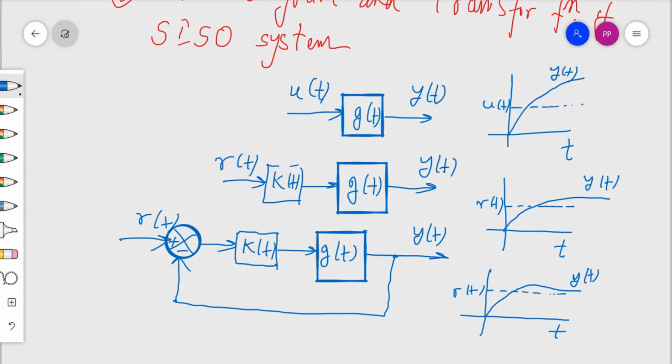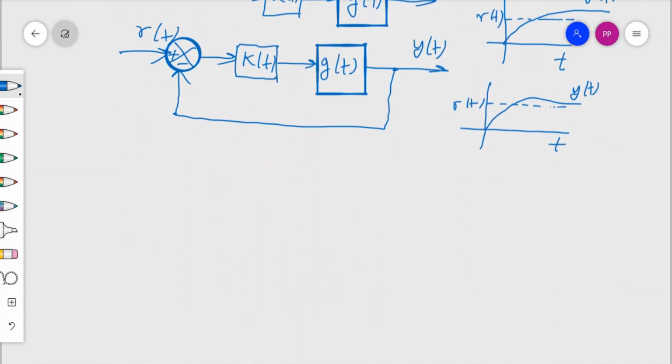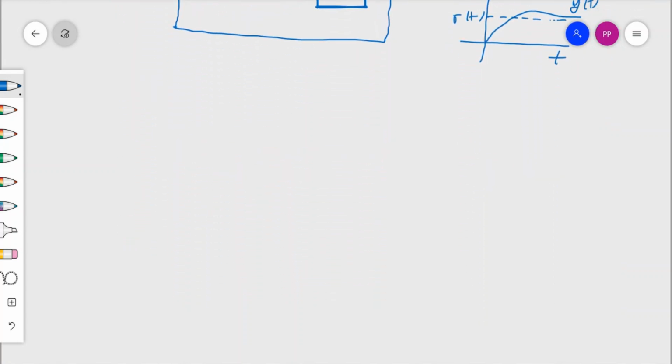With this understanding, let us go further to recapitulate the basic formulae used in the Laplace domain. So I write the heading as Laplace transform.